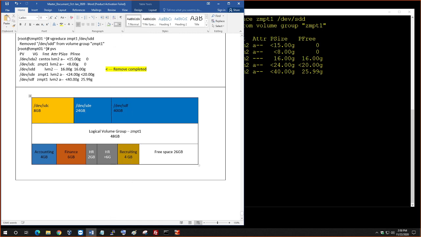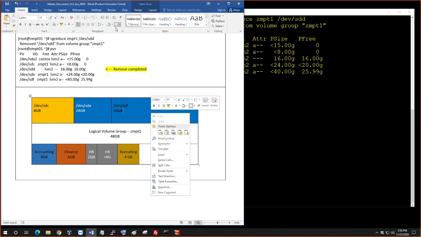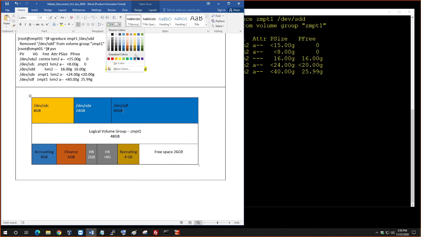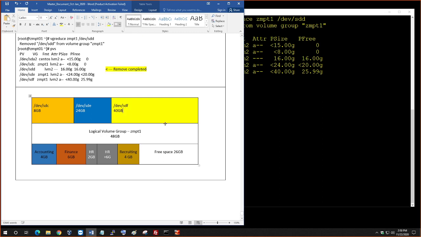Now SDF is 40 GB. So I'm going to change the color in here, okay? Let's stay with yellow.